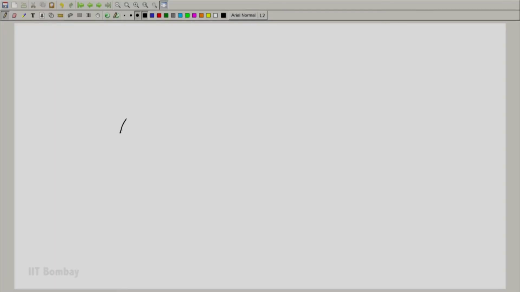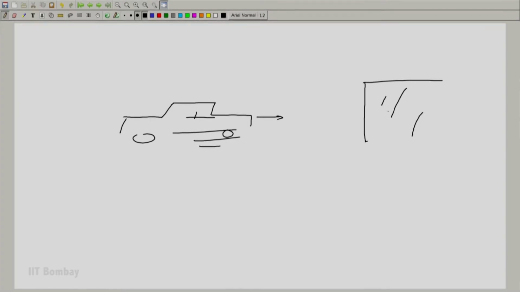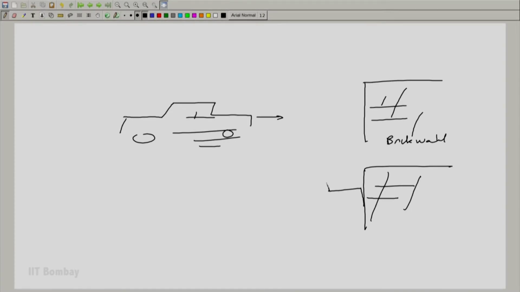And let's talk about momentum change now. Suppose a guy is traveling in a car and he's traveling real fast, and then maybe he didn't watch it, but he meets a brick wall, and then the car just comes to a stop.